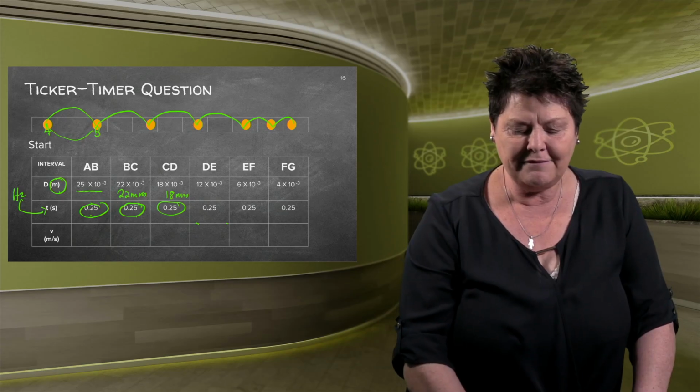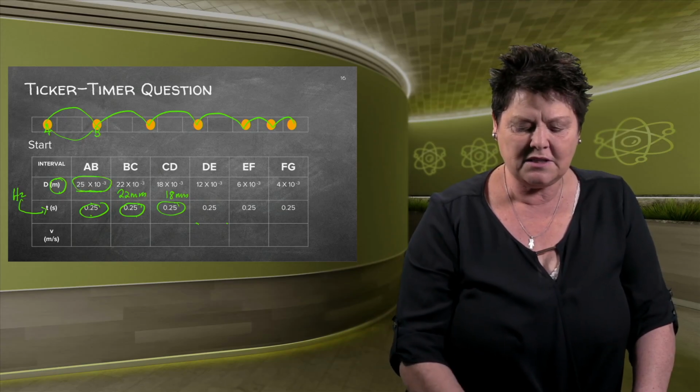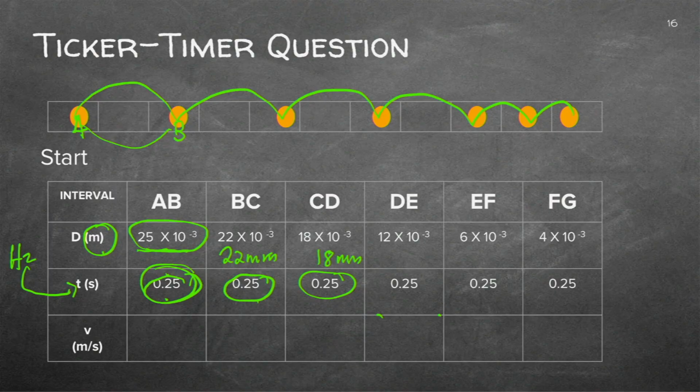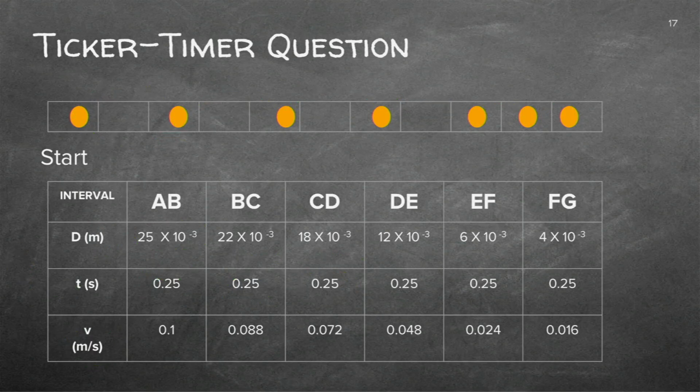Again, let's divide the distance by the time. You are now working out the speed. Let us see if you can get the same answer as I did. 25 times 10 to the power of minus 3, and you divided it by the time, and you got the speed as 0.1.